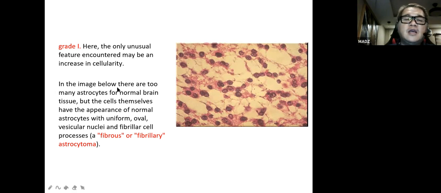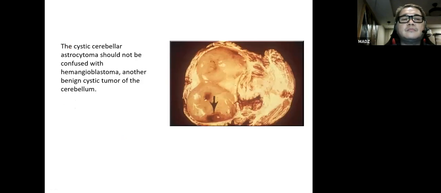In the image here, there are too many astrocytes for a normal brain, but the cells themselves have the appearance of normal astrocytes with uniform oval vesicular nuclei and fibrillar cell processes. The astrocytes still look normal here.